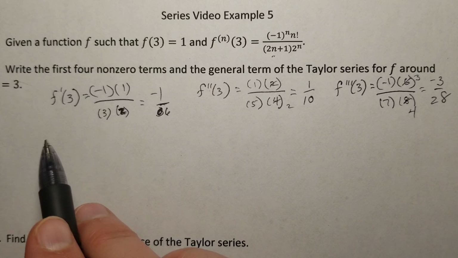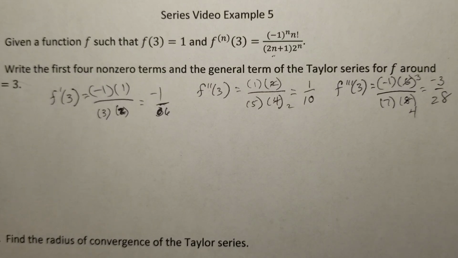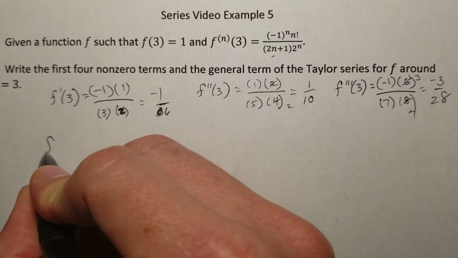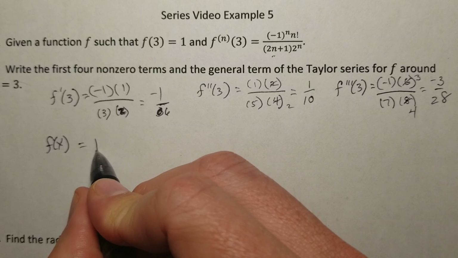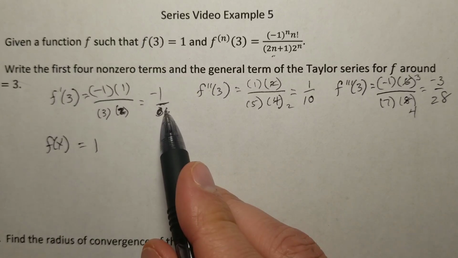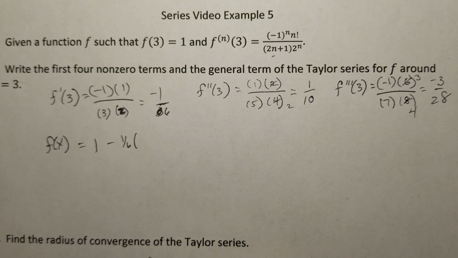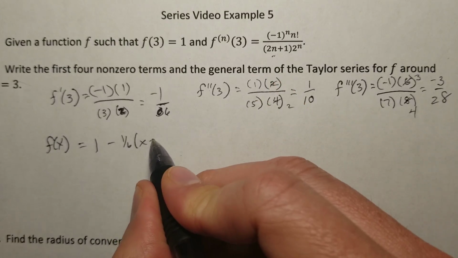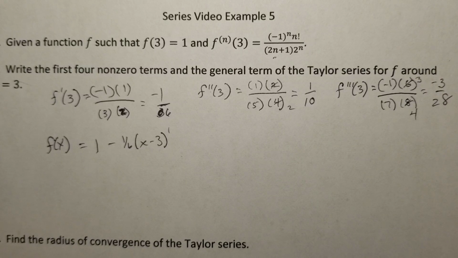So if you use f of 3 equaling 1, those are going to be the coefficients of our Taylor polynomial. So let's go ahead and write f of x here. f of x is going to be the output at 3, so 1, plus the coefficient for the first term, negative 1/6 times, we're centered at 3, so x minus 3 to the first power, all over 1 factorial, which we don't need to write.